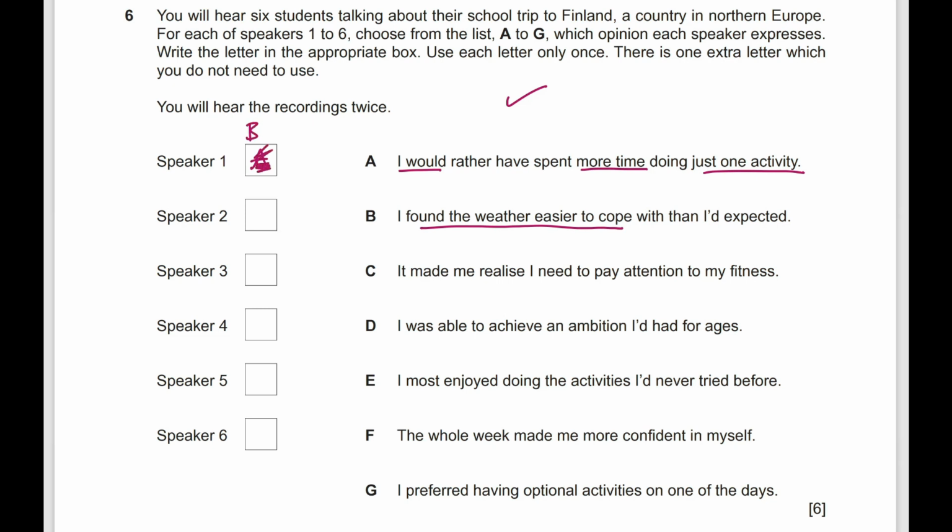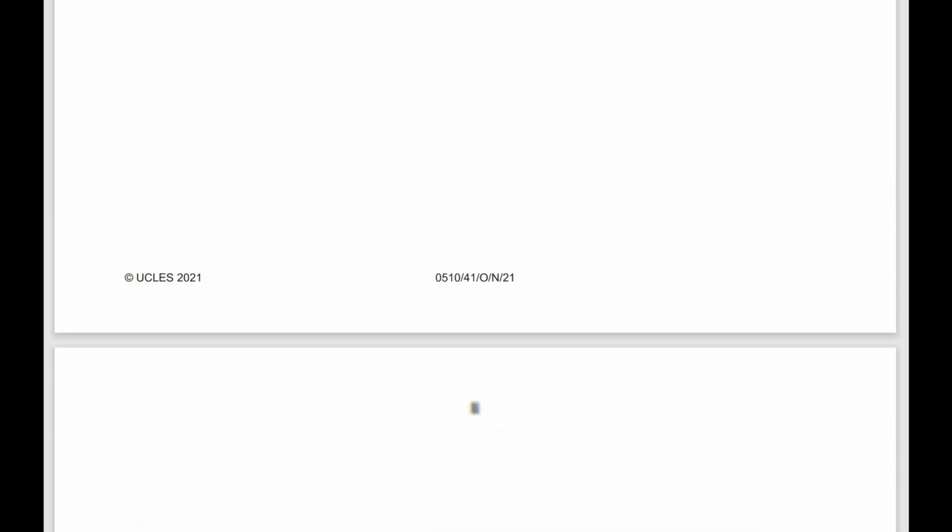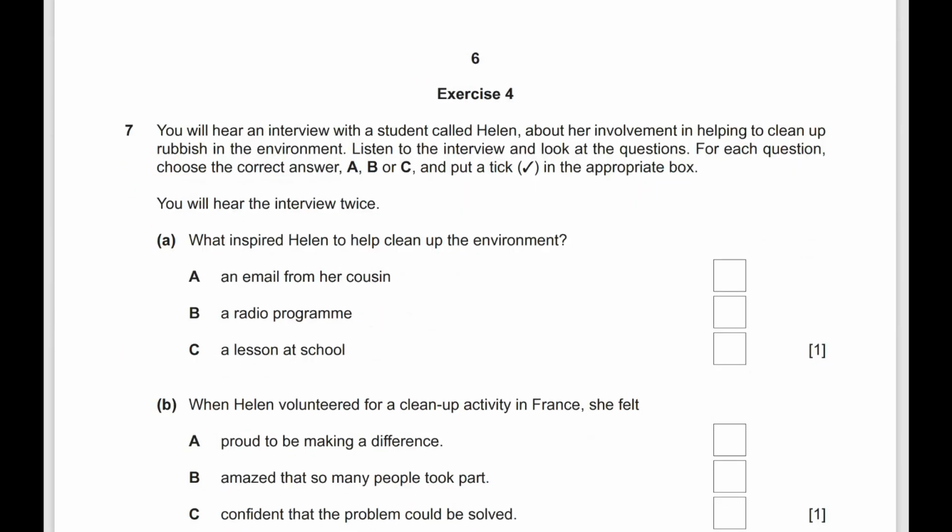B, for example, don't do it this way, but create a new box. Draw another box and write your new answer clearly inside the box. So you say B here. Okay, so this is number 1. If you have to change an answer in exercise number 4, look at exercise number 4. If you want to change an answer in exercise number 4, clearly indicate the wrong answer by drawing 3 boxes, okay?